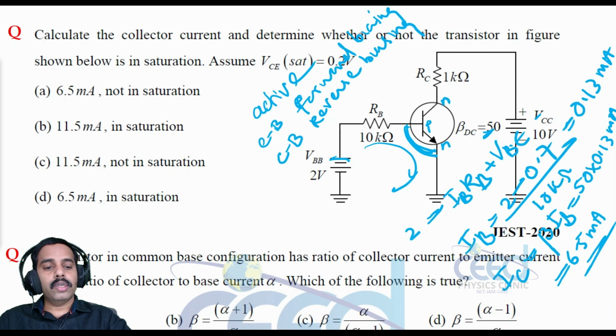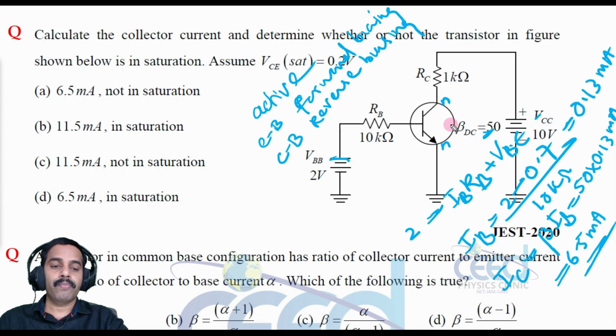Now this emitter base junction is forward biased. Now to check the working condition of the collector base junction: suppose I am considering this VCE region here.